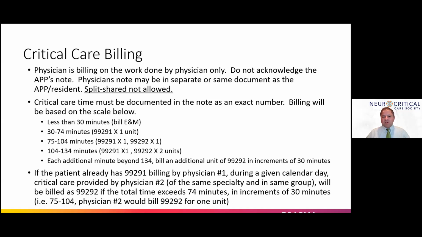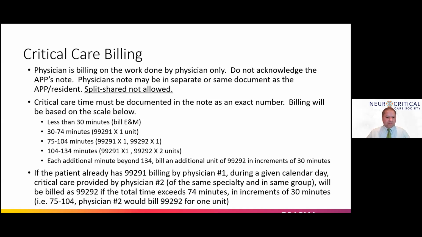Therefore, if a patient already has a 99291 billing by physician number 1 during a given calendar day, critical care provided by physician number 2 of the same specialty and in the same group will be billed as a 99292 if the total exceeds 74 minutes, and it will be billed in increments of 30 minutes.